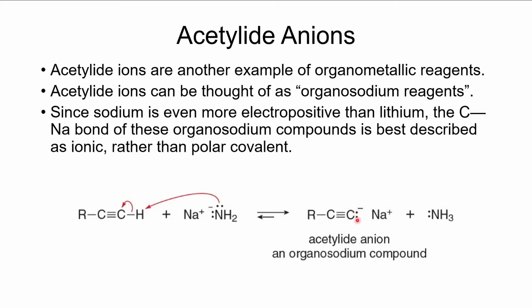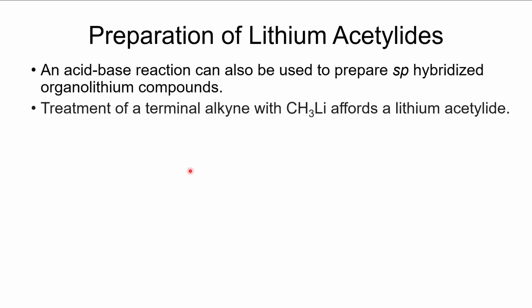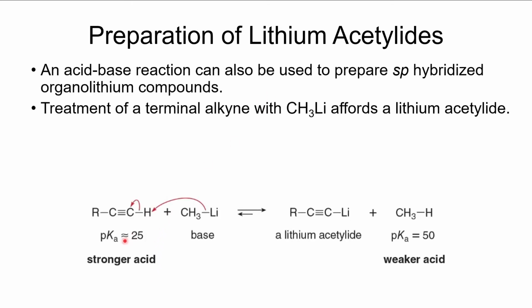Now, if you want to make the lithium acetylide, you can do that, but you'll need to start with a different organolithium reagent and acetylene. So if you want to form the lithium acetylide, you can do an acid-base reaction with the very strong base of lithium, methyl lithium as an example, although you can choose other lithium reagents.